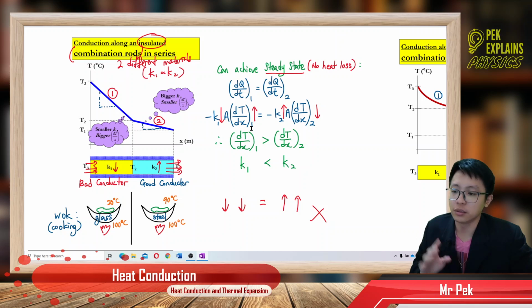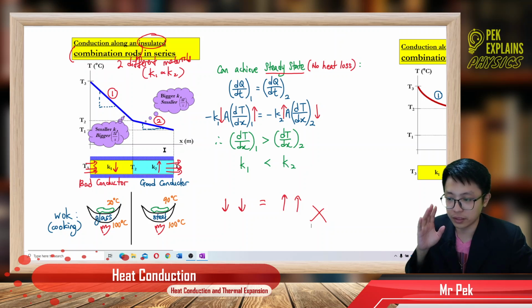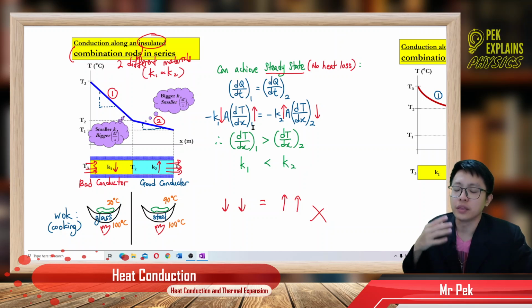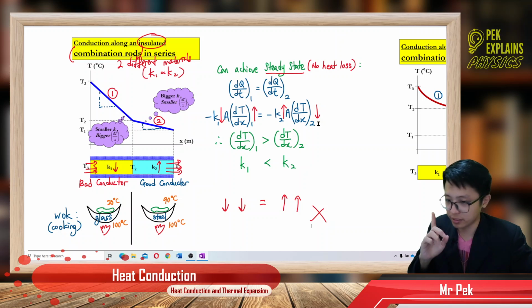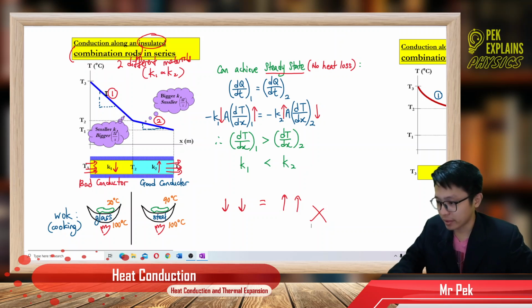So when the thermal conductivity of rod 1 is low, the temperature gradient must be high. And if the thermal conductivity is high, the temperature gradient must be low. You see that? So this is what happened to the graph. The first one is a bad conductor.